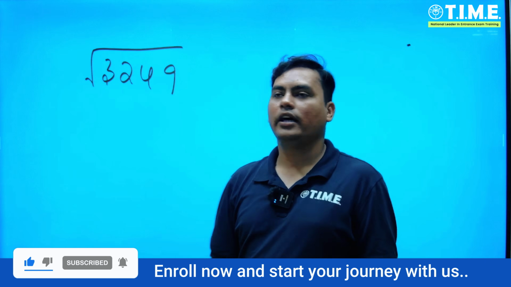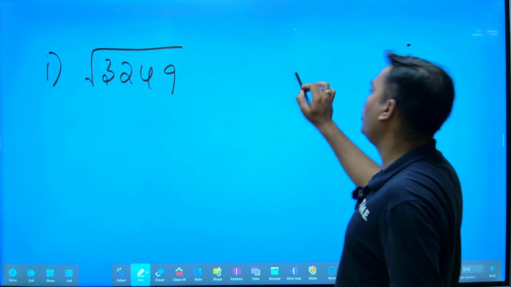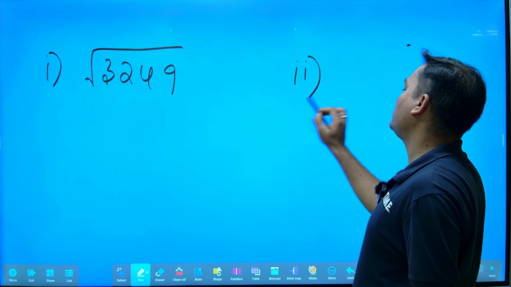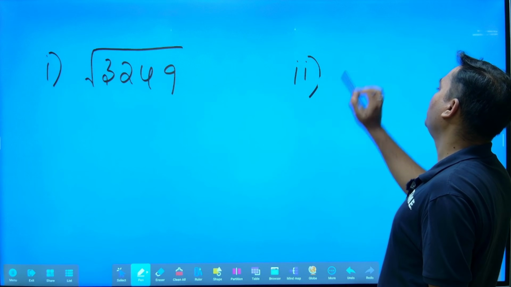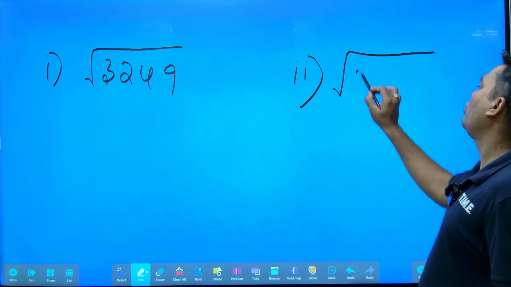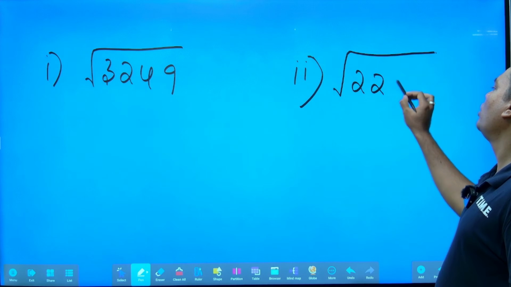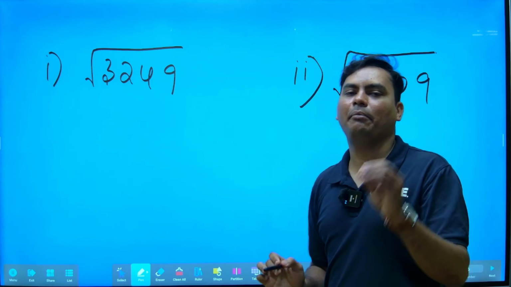The second question: square root of 2209. Try to find these square roots.